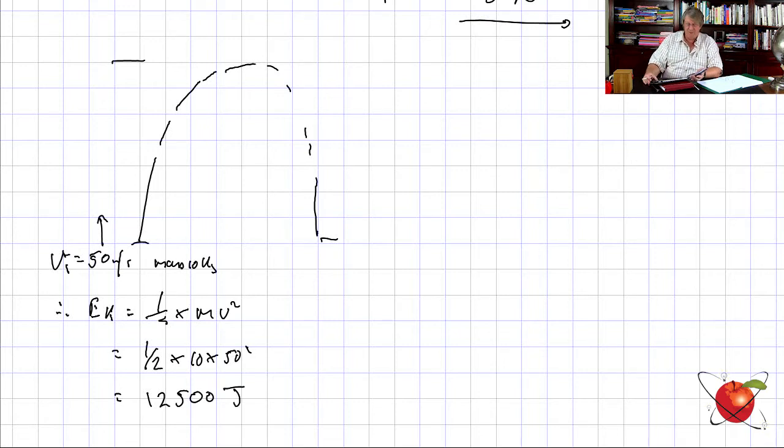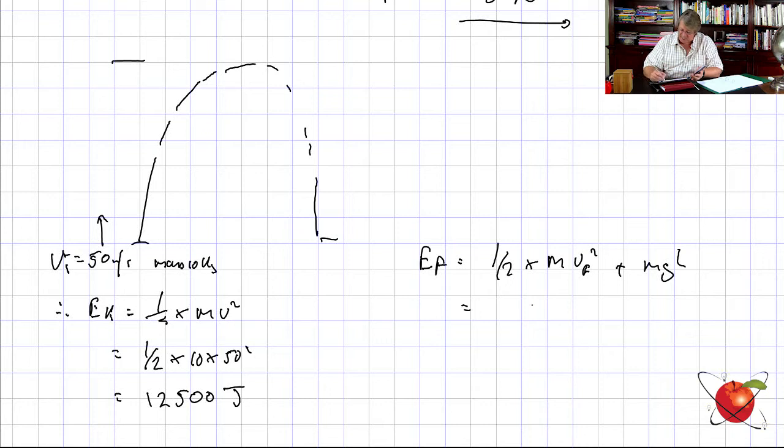joules, right? Now, let us work out how far it will go. So E final is equal to a half times mv final squared, which is 0, plus mgh. That is 0 plus 10 times 9.8 times h, therefore equal to 98h.